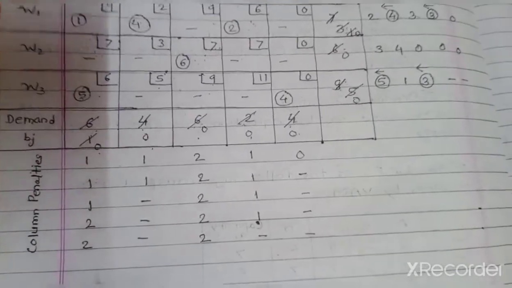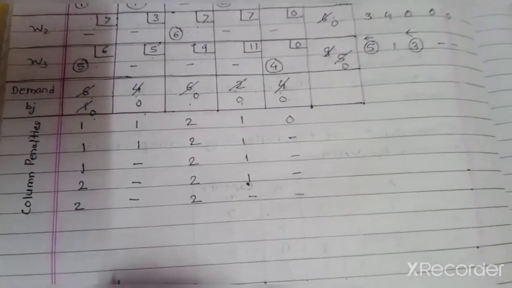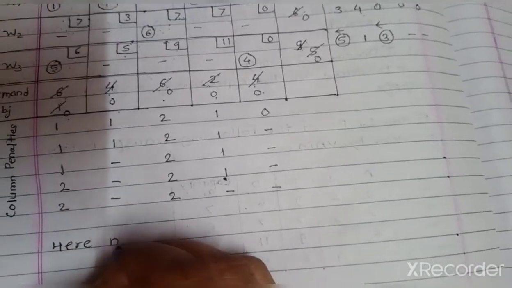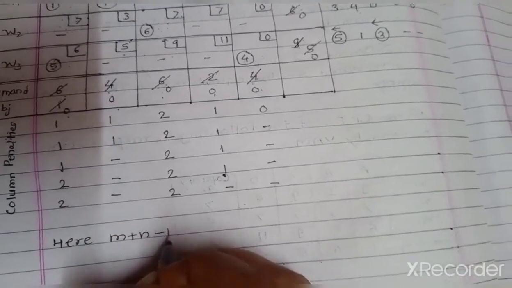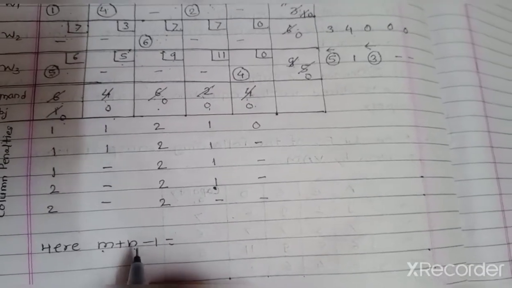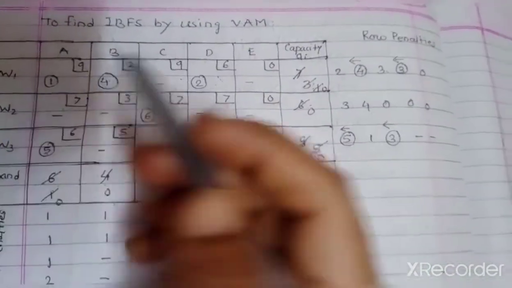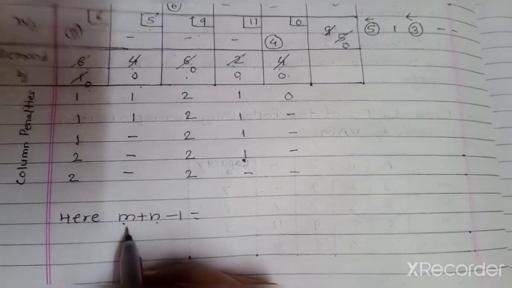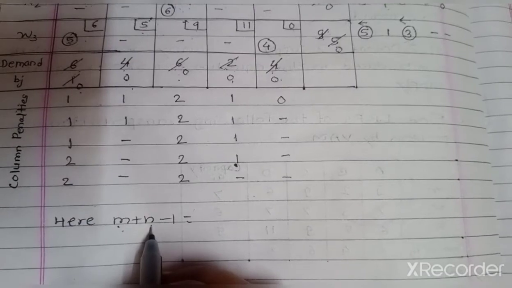Now we check the number of allocations. We write m plus n minus 1, where m is the number of rows and n is the number of columns.